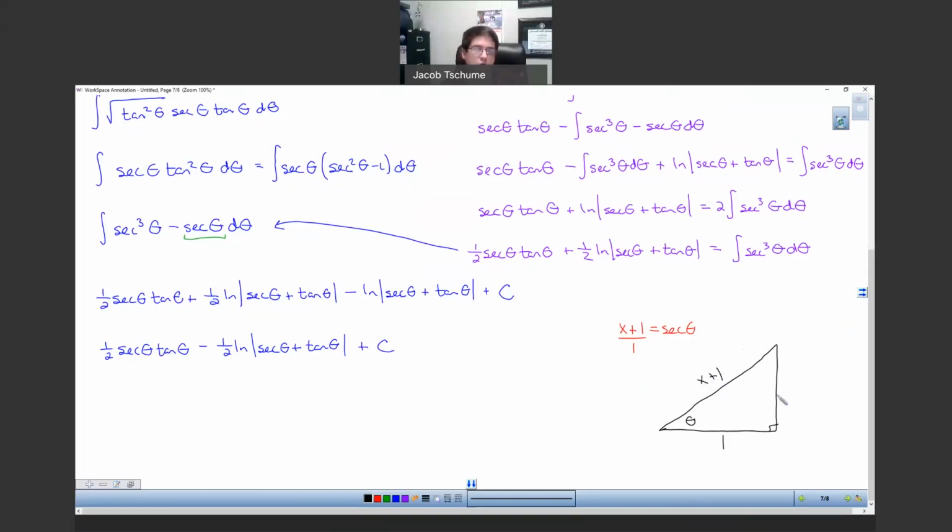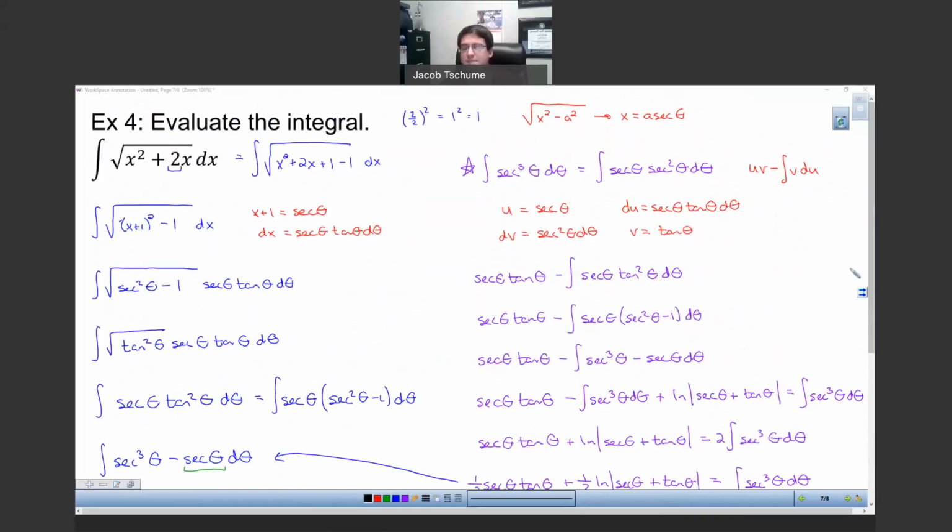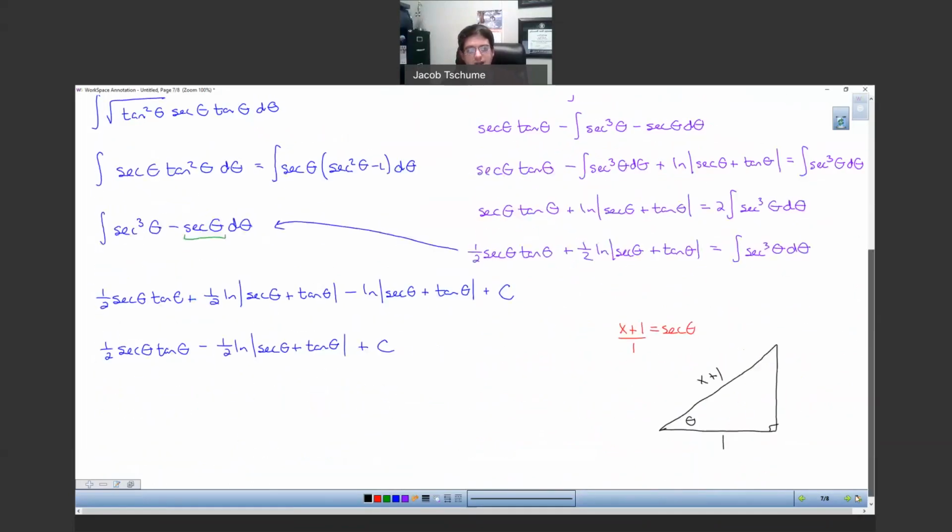And then remember, your missing side is always the original square root in the problem. So way back up here, the original square root is the square root of x squared plus 2x. All right, so now I'm going to go back to my integral, and I'm going to replace the secants and tangents with the values coming from this triangle.